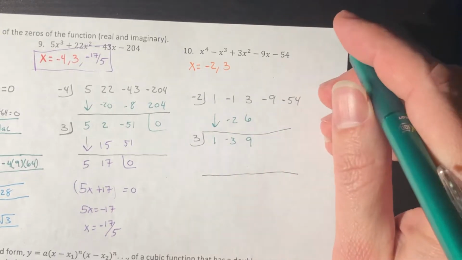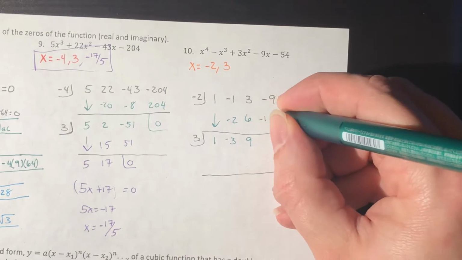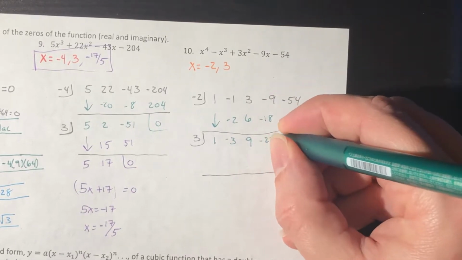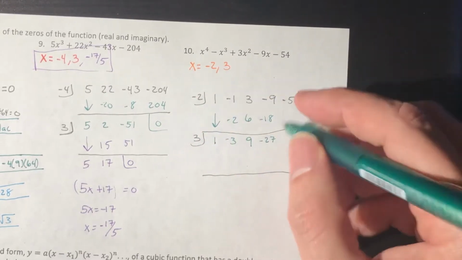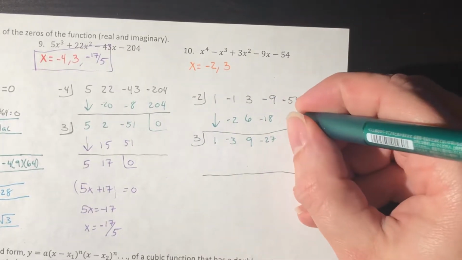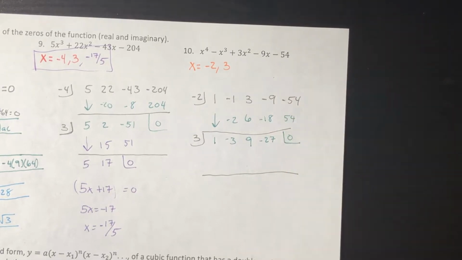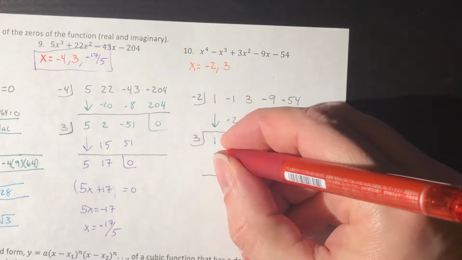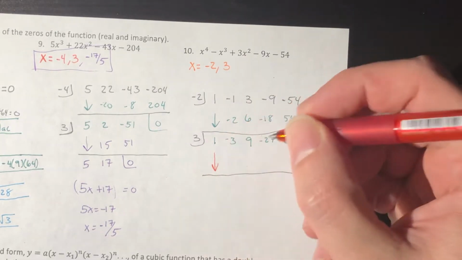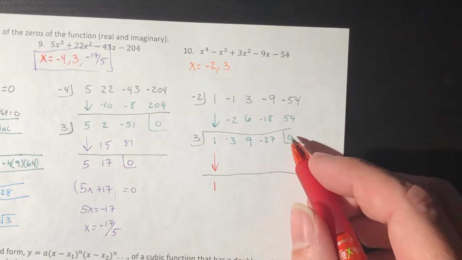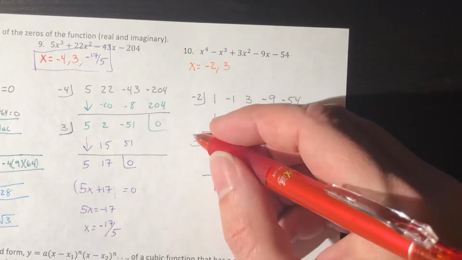Negative 2 times 9 is negative 18. Negative 9 minus 18 is negative 27. Negative 2 times negative 27 is 54, giving me a remainder of 0, which I should get when I'm doing these synthetic divisions to find the factors, because I already know their factors, therefore they should divide in perfectly.